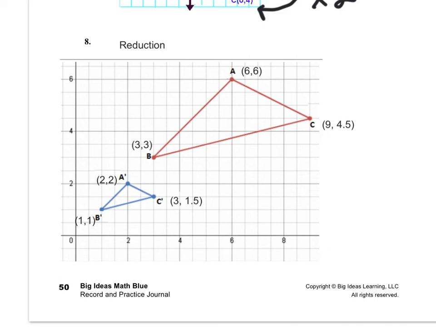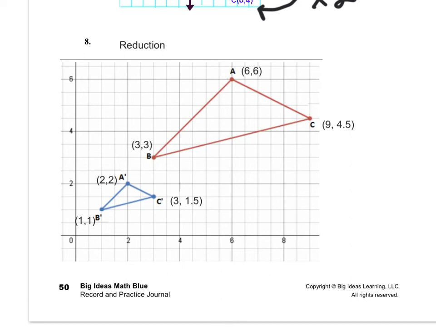Now to find the scale factor or the dilation factor, you need to compare A's coordinate to A prime's coordinate. To get from 6 to 2, you have to divide by 3. But with a scale factor, you don't say you're going to divide by this number. You say, what do you multiply it by? So what is the same as saying divided by 3?